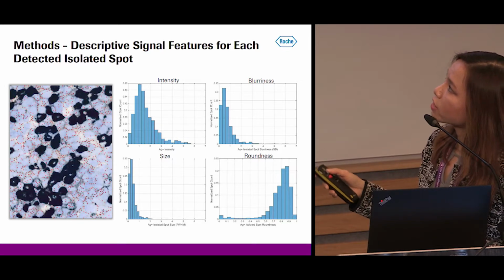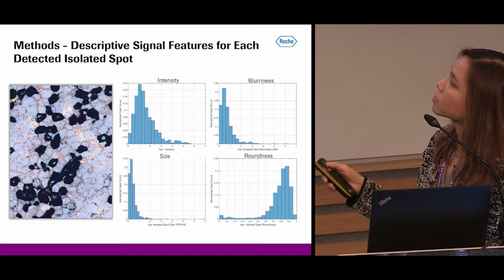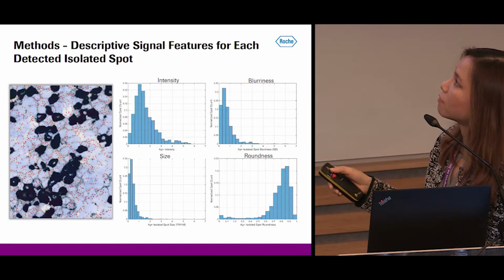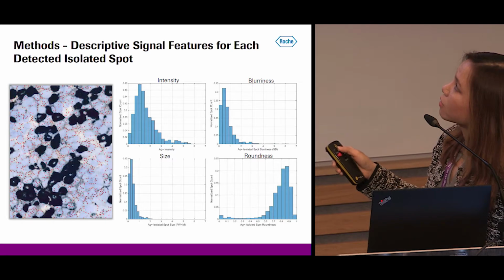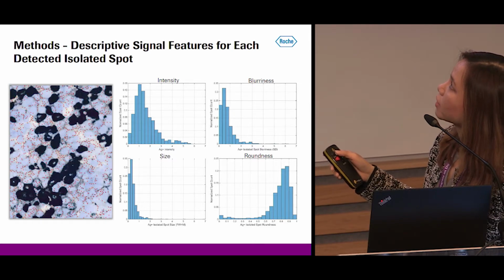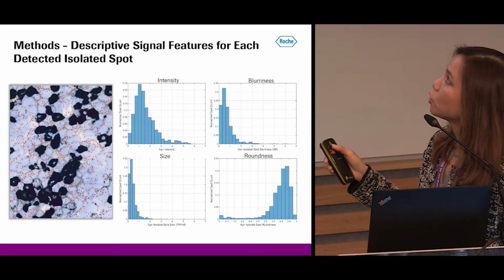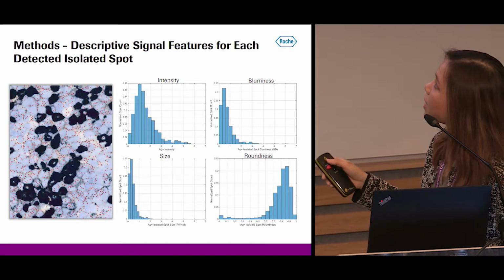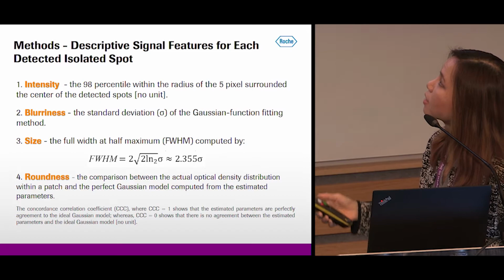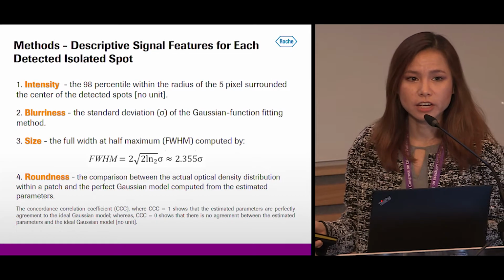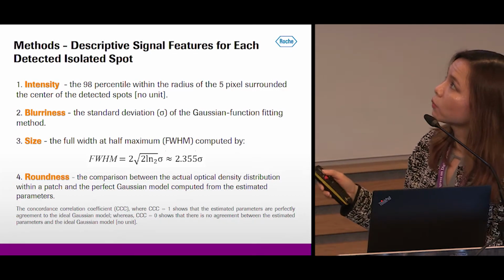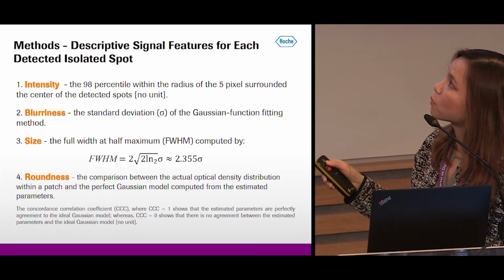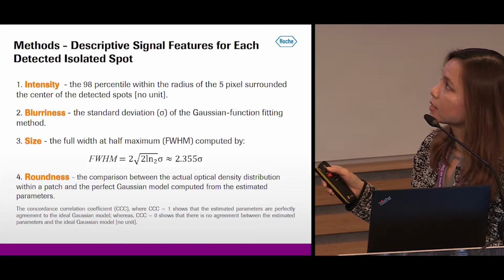Once an individual dot has had its signal features derived, we can plot the histogram of the dots present on the portion of the image. The features that we use are intensity, blurriness, size, and also roundness. For the definition of each feature, we use the 98th percentile to represent the intensity.